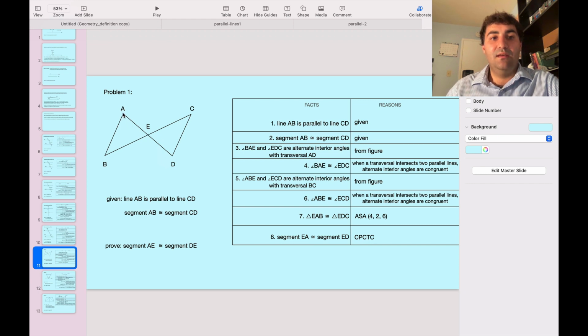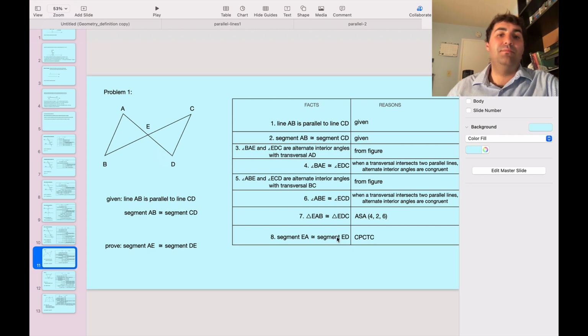So segment EA and segment ED are corresponding parts for these triangles, so they're congruent. And so we proved that segment EA is congruent to segment ED. If we swap the letters here, we get segment AE is congruent to segment DE.